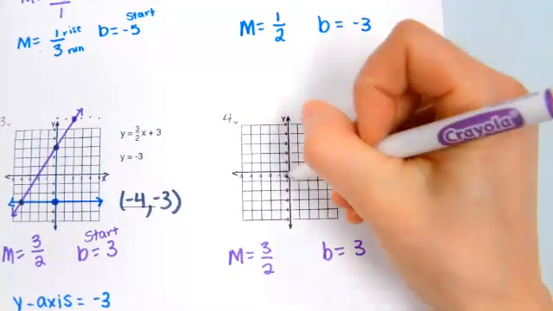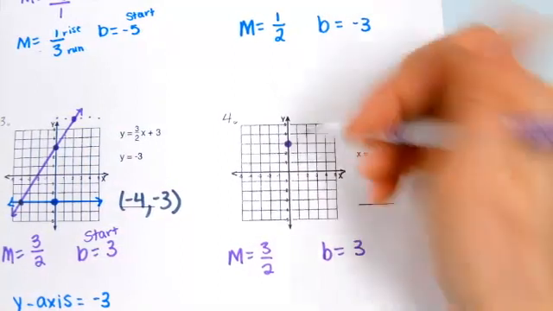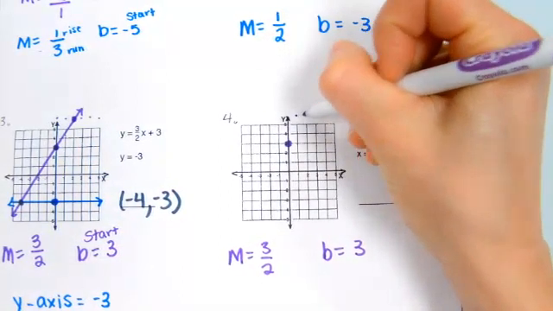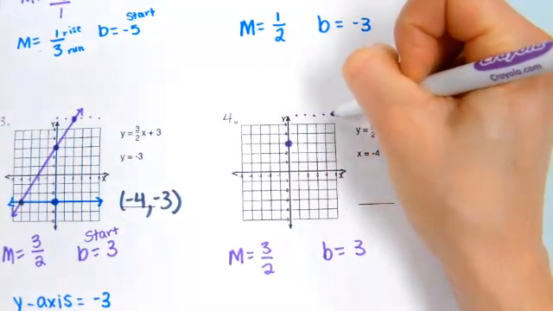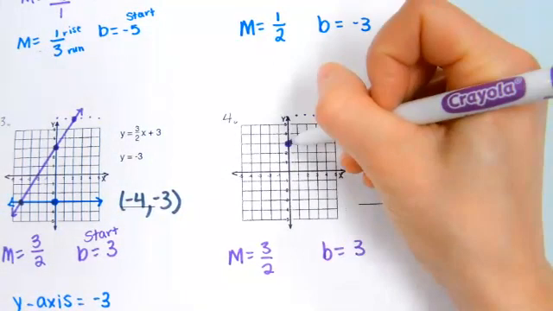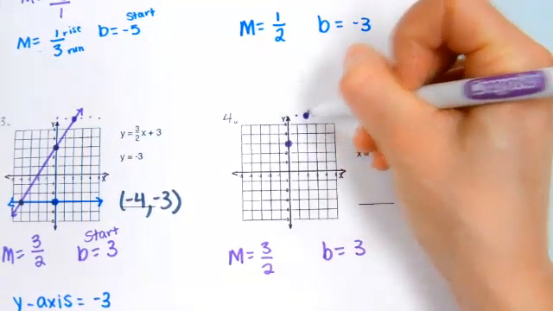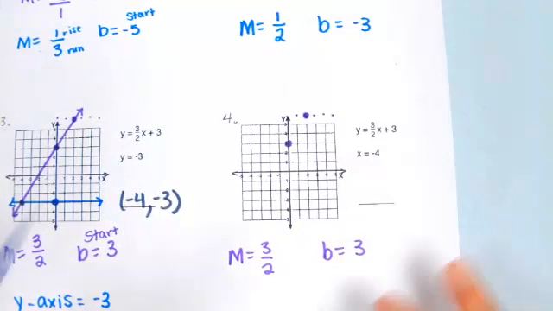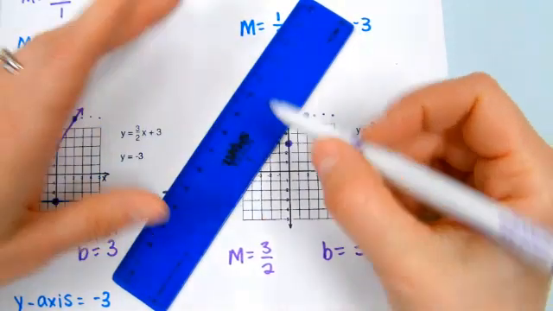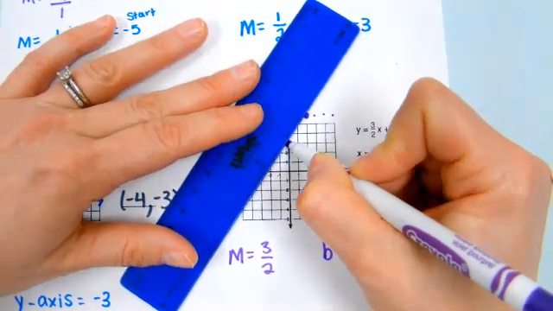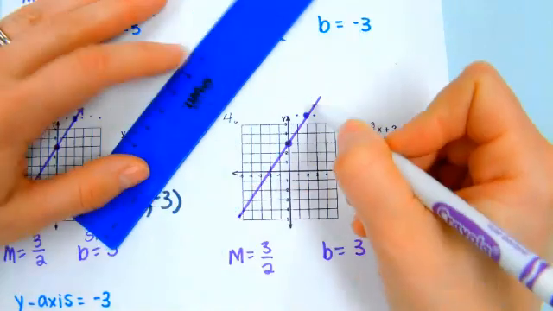We know we're going to start at 3. We know it's going to go off the graph, so give yourself another line up here. We're going to rise 1, 2, 3 and run 1, 2 and make our second point. Our line should look identical to the one on number 3. And then we draw our line through that.